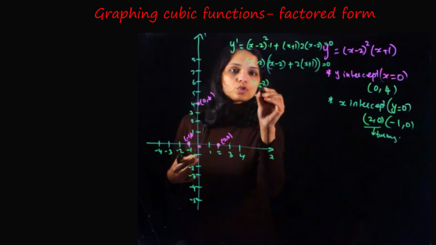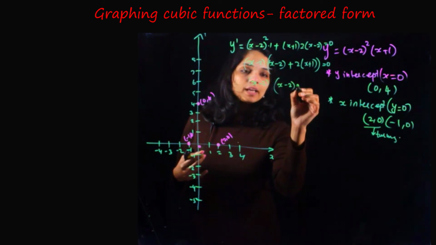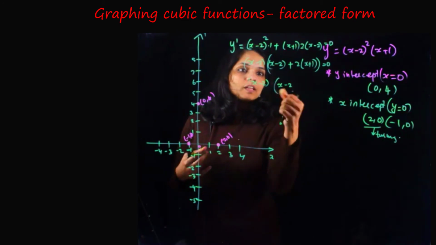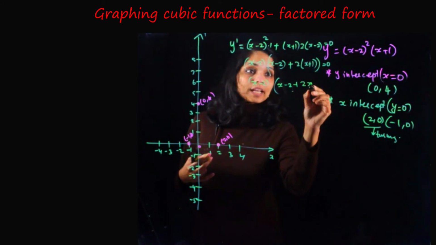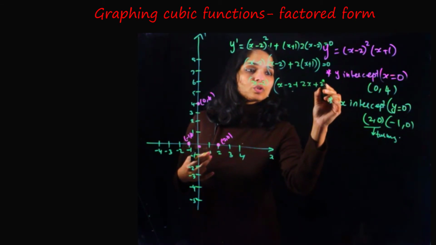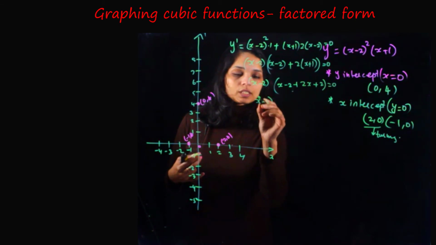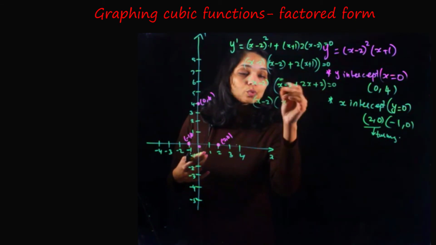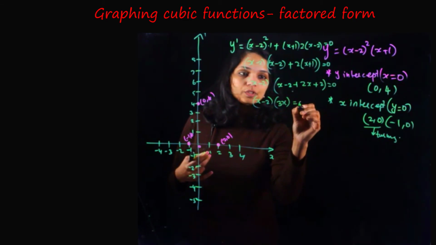That's x minus 2 plus expanding this bracket, 2x plus 2, equals 0. So which is (x minus 2) times (x plus 2x), and the similar terms can be combined, so it's 3x, equals 0.